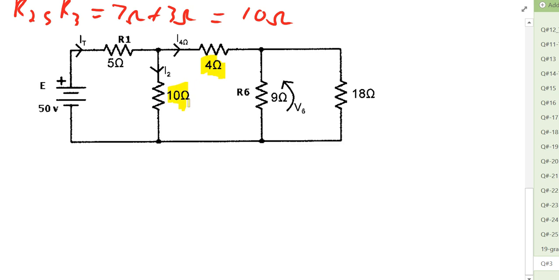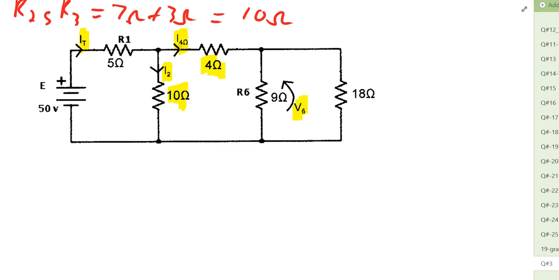Now, in addition to that, we still have labeled on this circuit V6, I2, and IT, and we've also labeled this current here as I4 ohm. The original current I4 is part of that I4 ohm current.